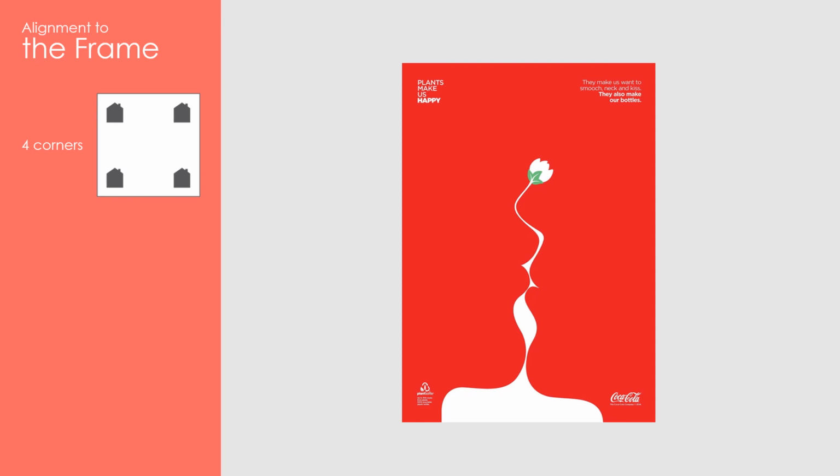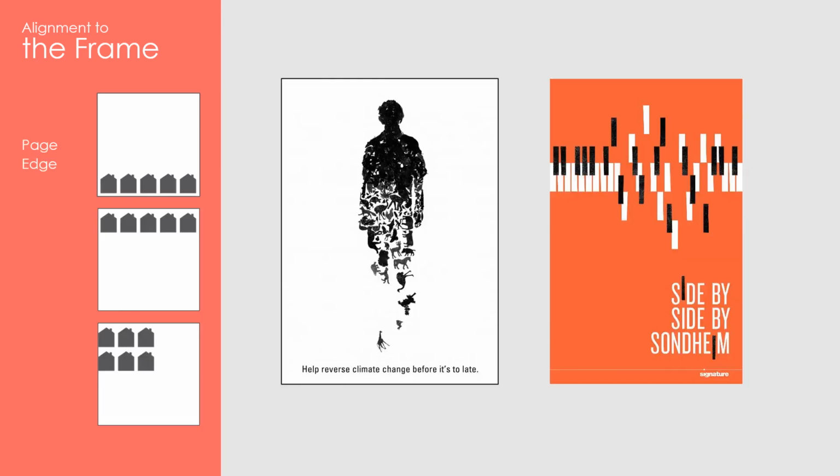So margins are still important in alignment. All right, so you could also align to any of the edges of your frame, right? Whether it's the bottom or the side or the top or the top left corner, whatever you want to do. It's just about putting information near an edge of your page.